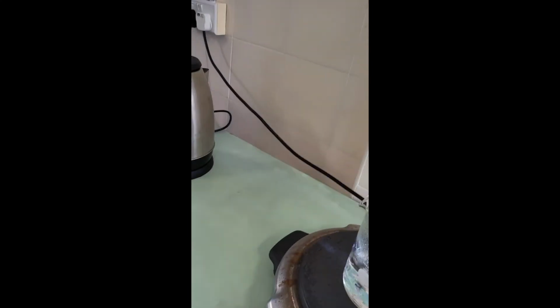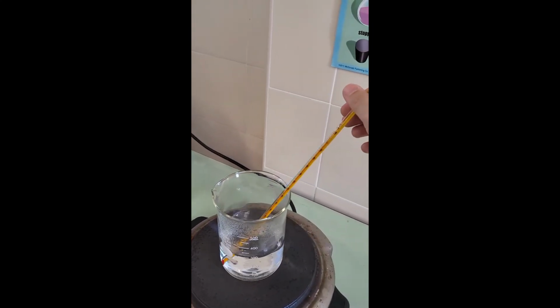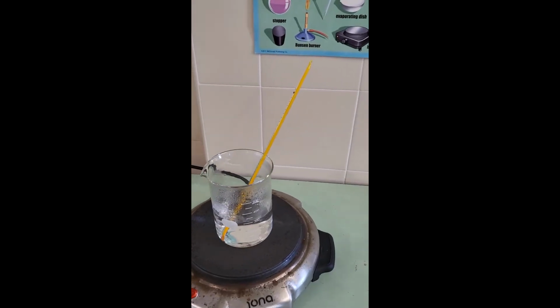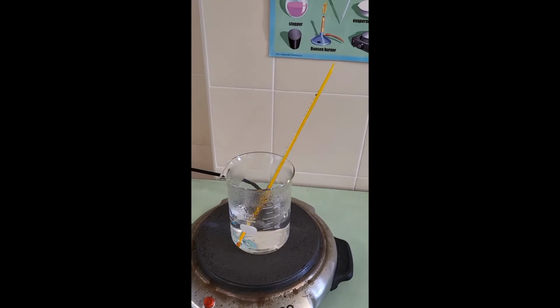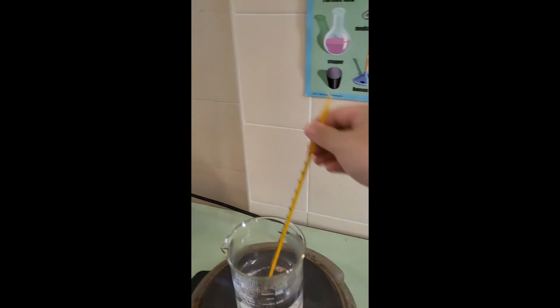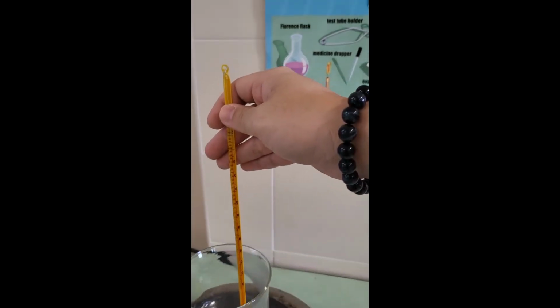I would like you to predict what the temperature will be after 5 minutes. Will it increase further, decrease, or remain the same? Alright students, it's been 5 minutes. Let's take a look at our boiling water and see what the temperature is.